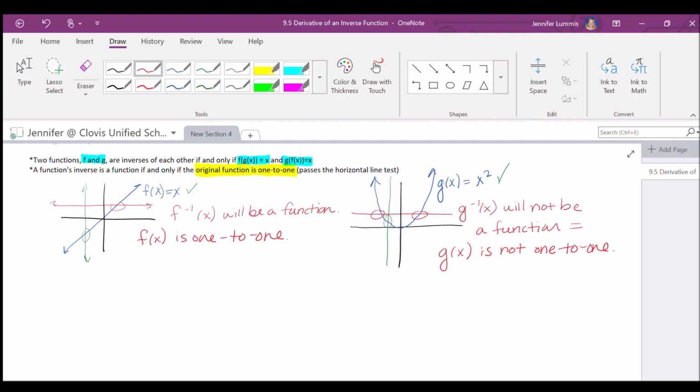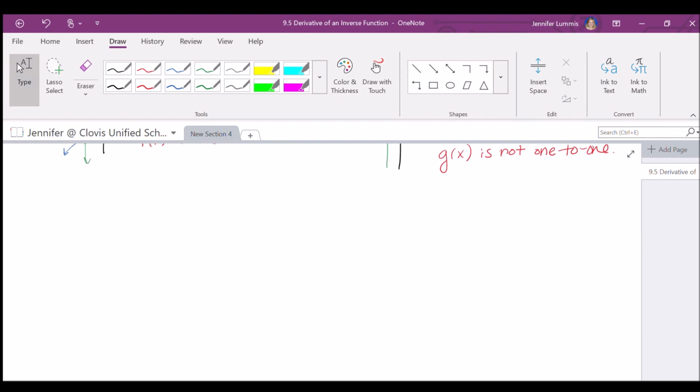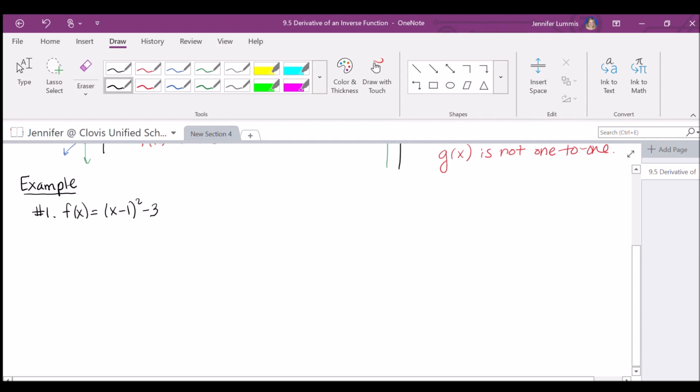Okay, so the next thing we're going to do is practice finding an inverse. Let's say f of x is (x minus 1) squared minus 3, but only for values of x greater than or equal to 1. You'll notice this was a parabola, but now it's only half of a parabola.